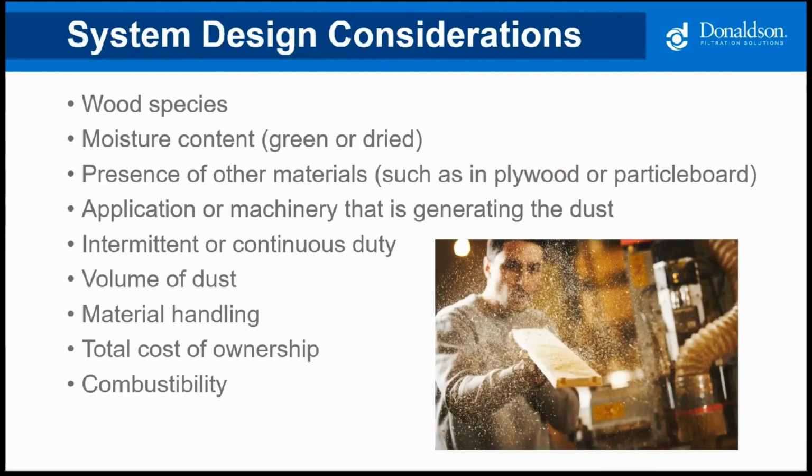Is the process continuous or intermittent? How much dust will we be collecting? A 5-gallon pail or a full tractor trailer? What are we going to do with the collected dust? Will we drop it directly into a drum or bag, or will we convey it to a storage hopper? We want to look at the total cost of ownership, and last but certainly not least, we want to consider combustibility.